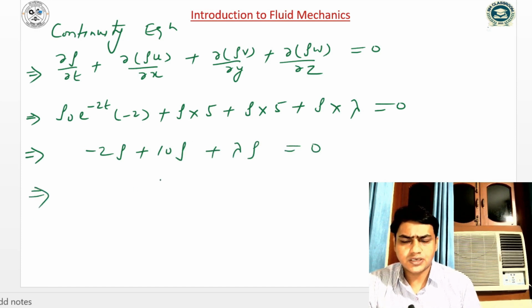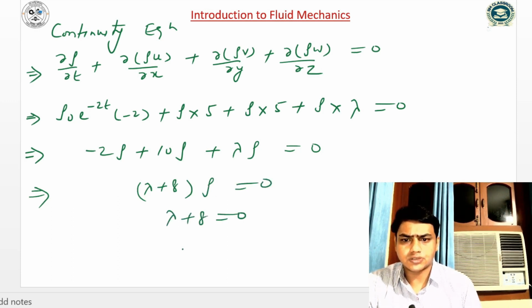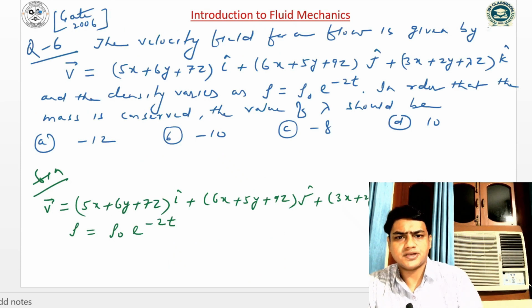So we can write (lambda plus 8) into rho is equal to 0. This value of rho cannot be 0, so lambda plus 8 is equal to 0. So lambda is equal to minus 8. So the value of lambda is minus 8. So option C is correct.